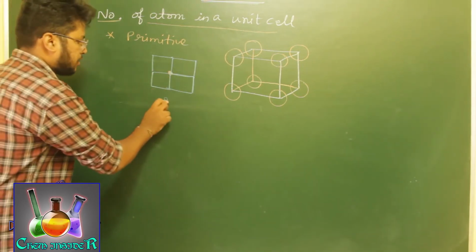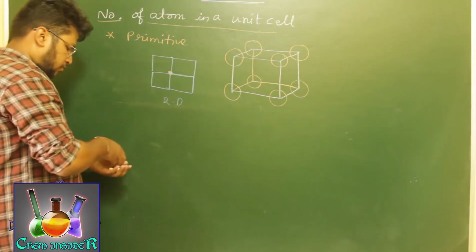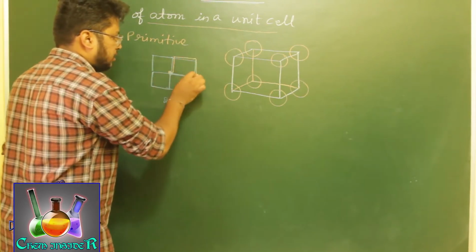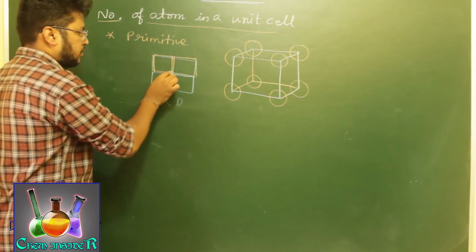This is in 2 dimensions. If you consider 3 dimensions, then you have to place 4 more unit cells on that same point, just like 4 cubes placed one over the other, like this.